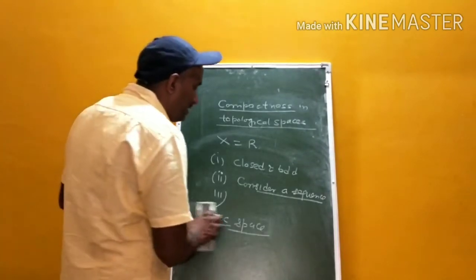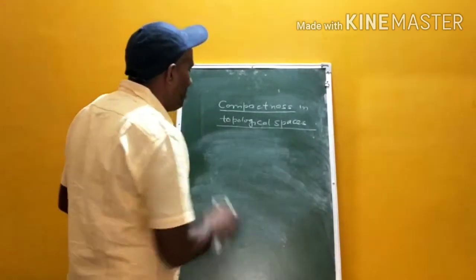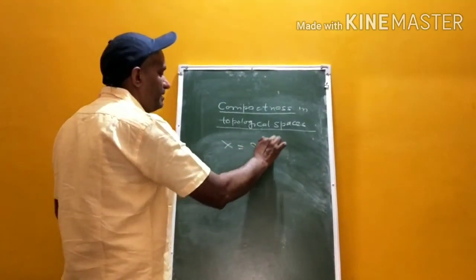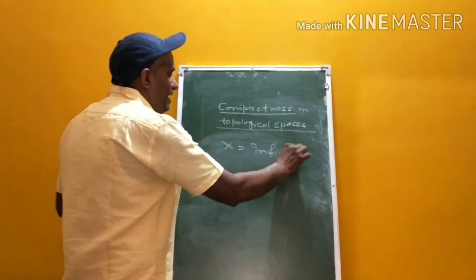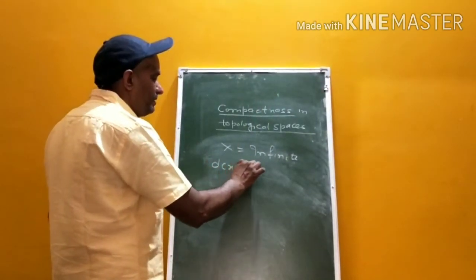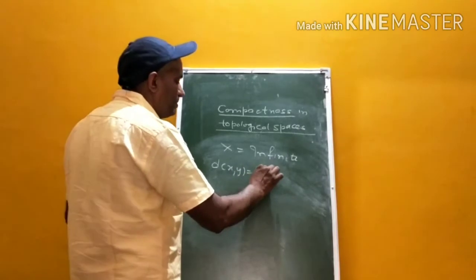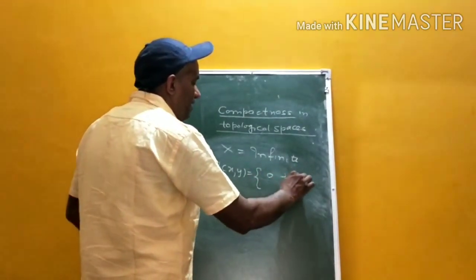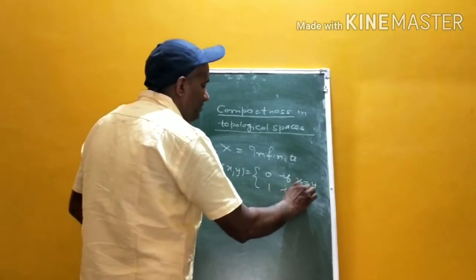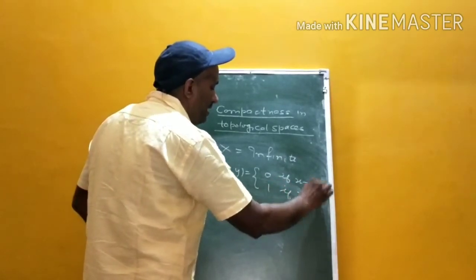For this we can take, suppose X is an infinite set, and we define a discrete metric on that set: 0 if x is equal to y, 1 if x is not equal to y.